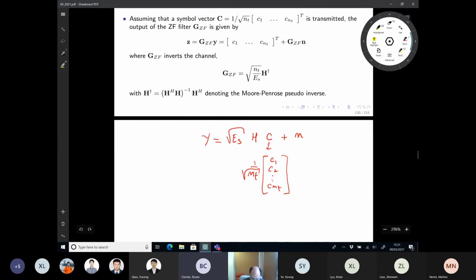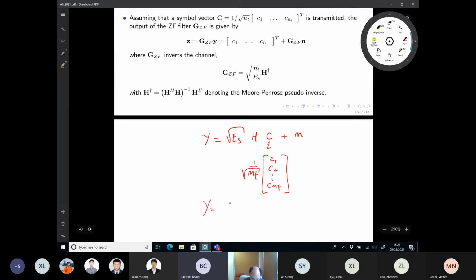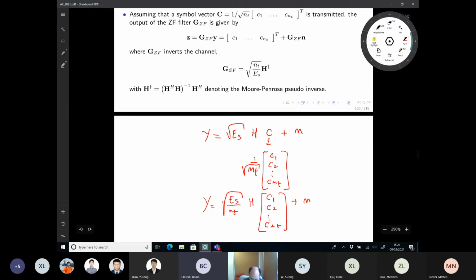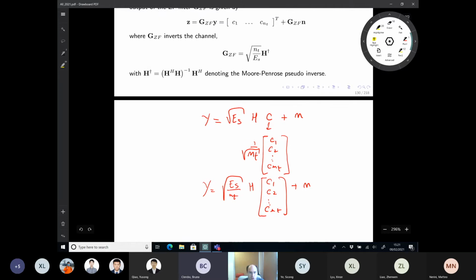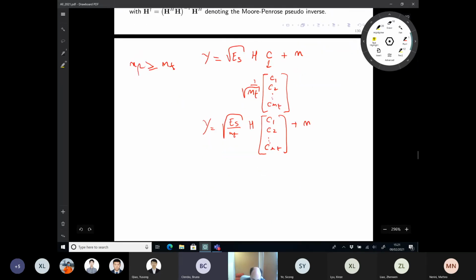So I can write this slightly differently: y is equal to the square root of Es over NT, times H multiplied by c1, c2, all the way to cNT, plus n. Good. Let's take a system where the number of receive antennas is larger than or equal to the number of transmit antennas. So let's imagine NR is larger than or equal to NT, right? And let's take a very simple scenario.